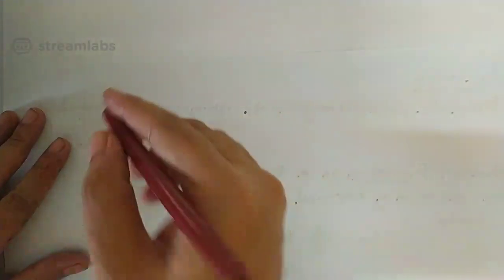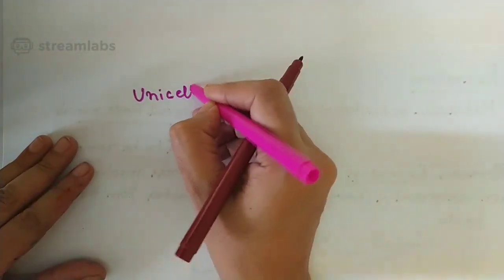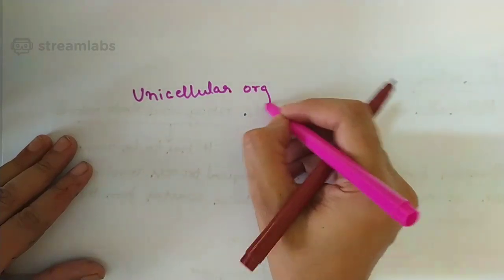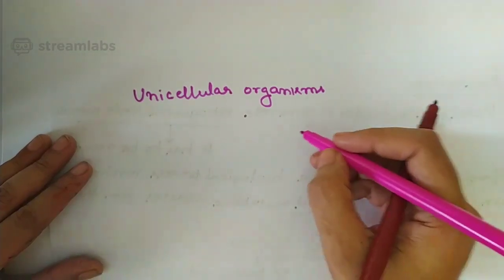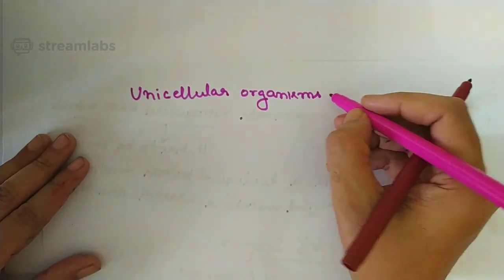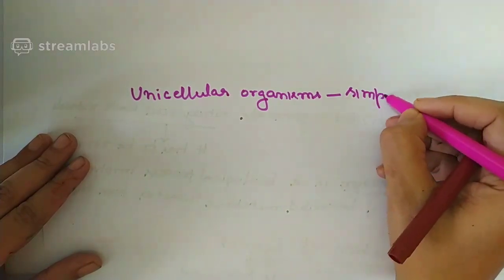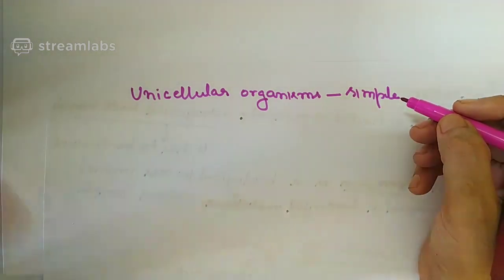So if you take unicellular organisms, in these unicellular organisms excretion takes place through simple diffusion. Very easy. Their nutrition is also going to take place through simple diffusion.